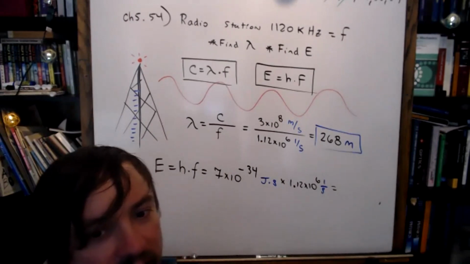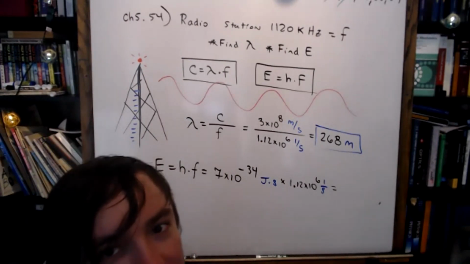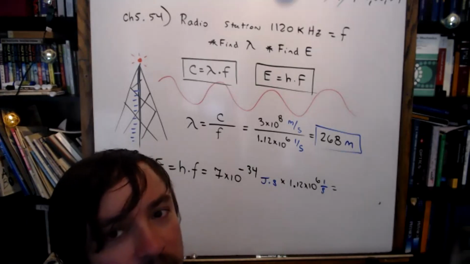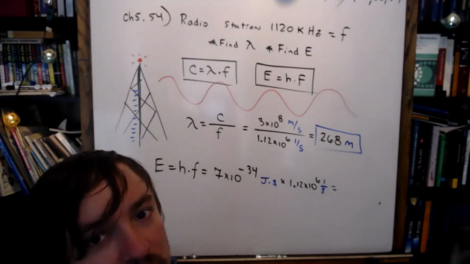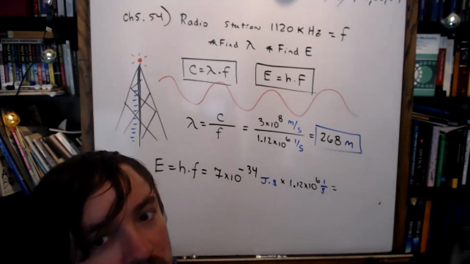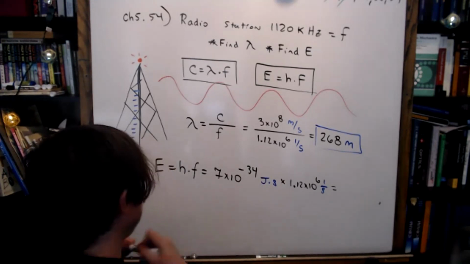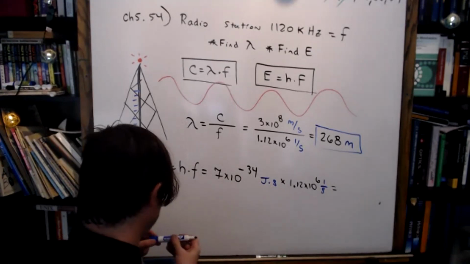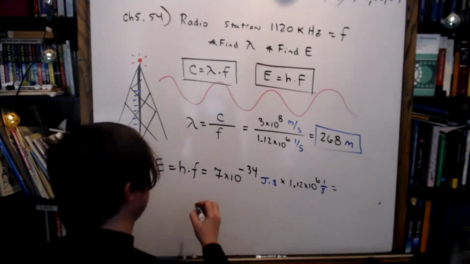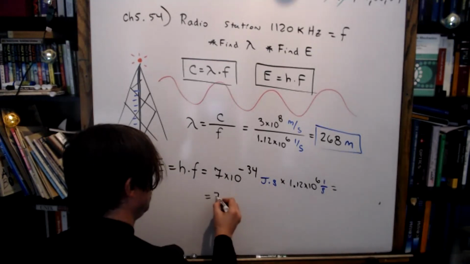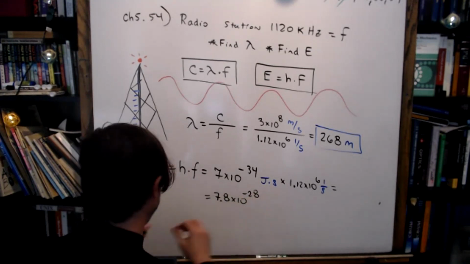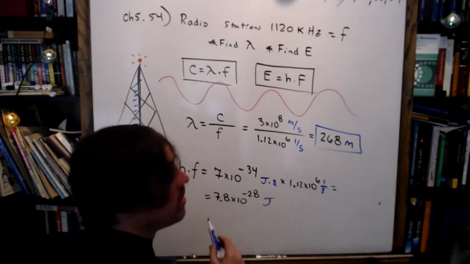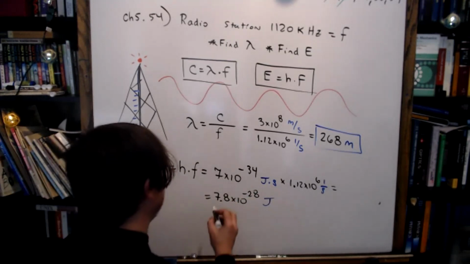Paul says 7.8. I don't see any units, Paul, so I can't accept your answer unless there's units. What do you get, Christopher? I got the same thing. I want some units. 7.8 times 10 to the minus 28 joules. Okay, Christopher, keep that mic ready. You're going to have to read a problem for me.